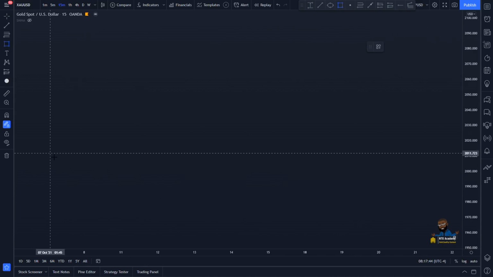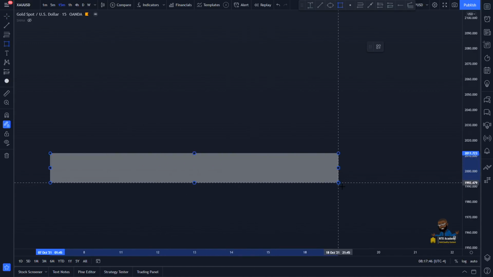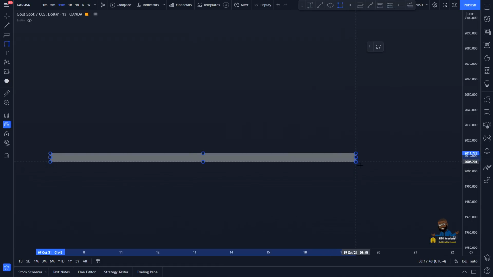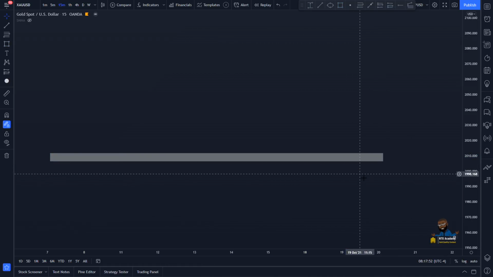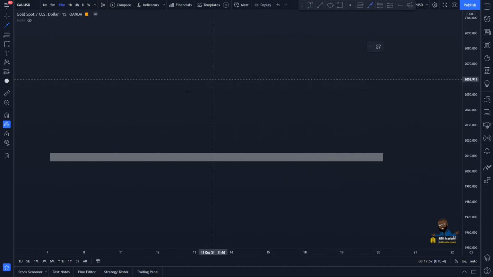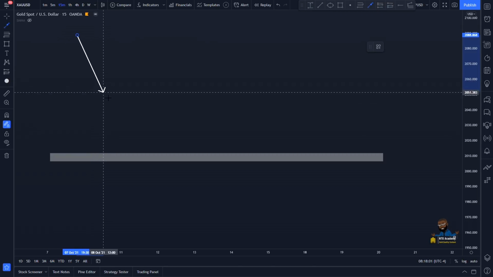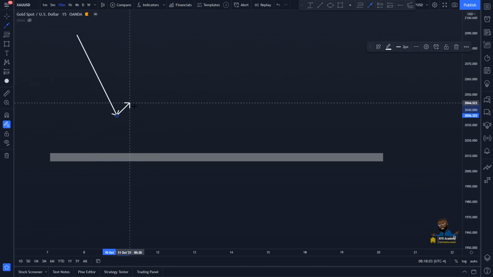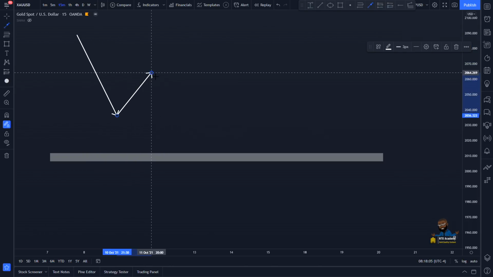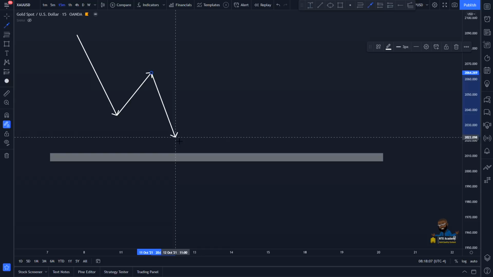So for example, right, let's say we have a nice support here. All right. And there's 2 ways we can trade this, right? We can trade this during the trend continuation. So let's say we are in a very bearish market, right? How we are able to trade the continuation is we look at market structure, right?